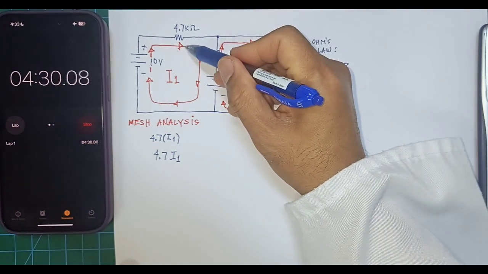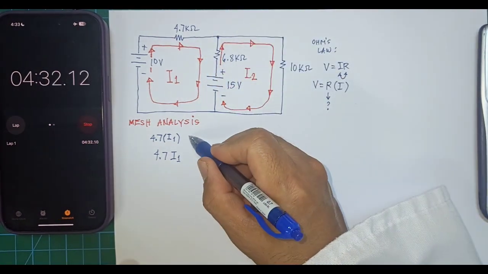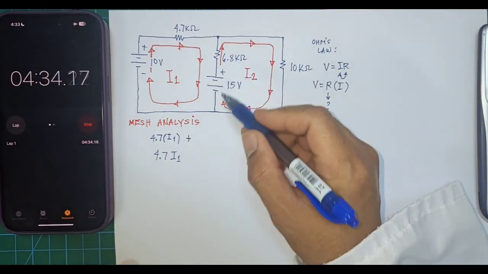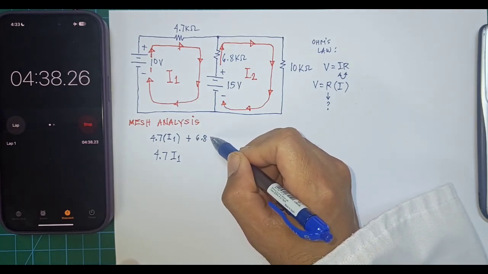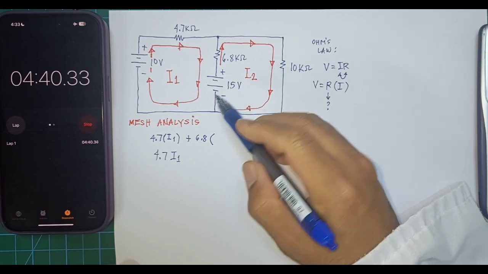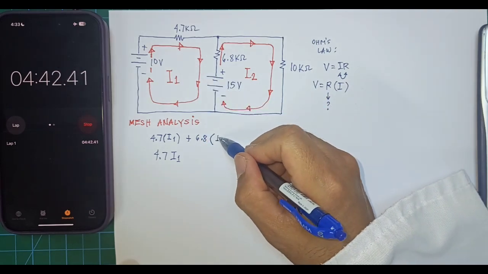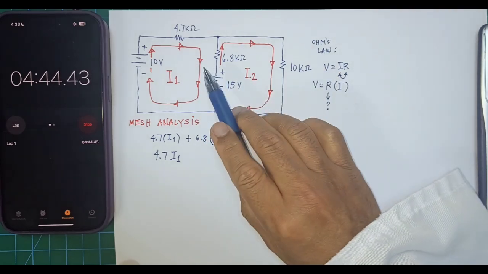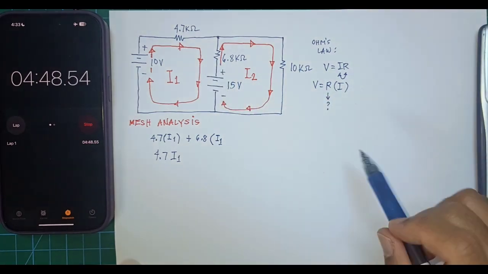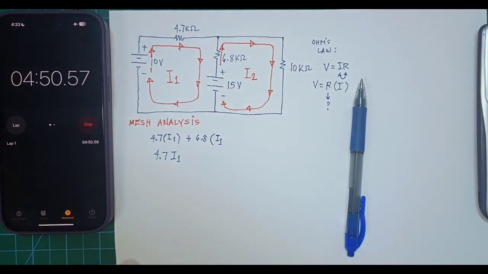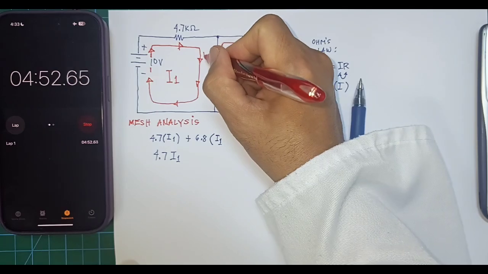And then on the right, we will have 6.8. So we will add that. We will write 6.8 kilo ohms, but we will write I1 also. But on this side, you will notice that there's a current going down here, which we call I1, right? This is I1.